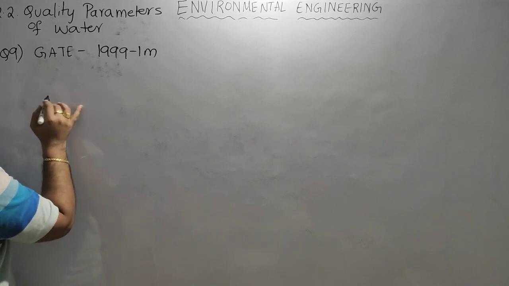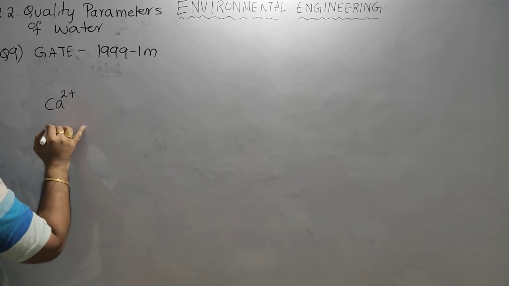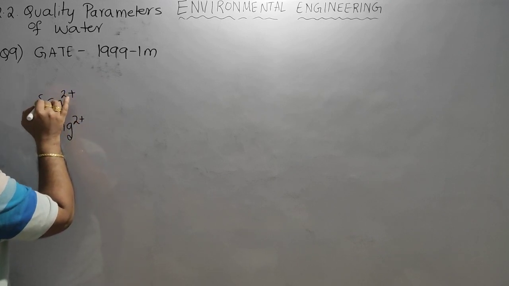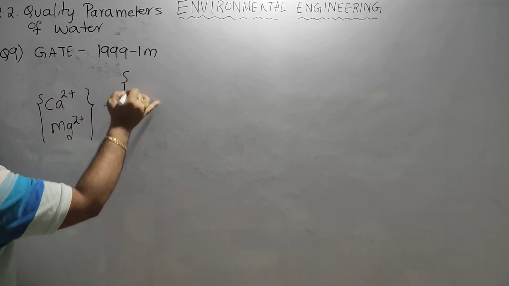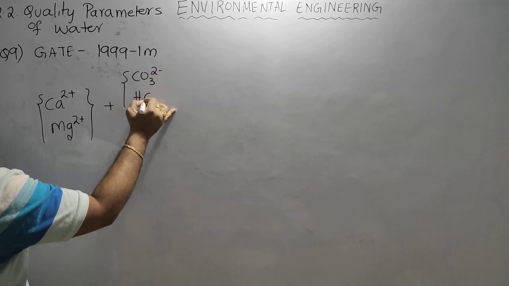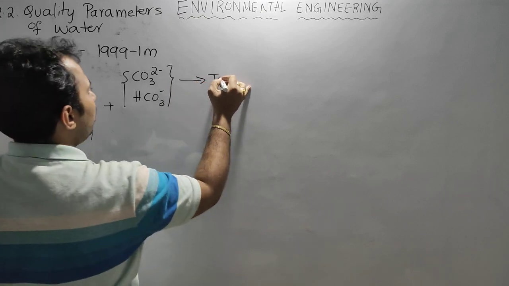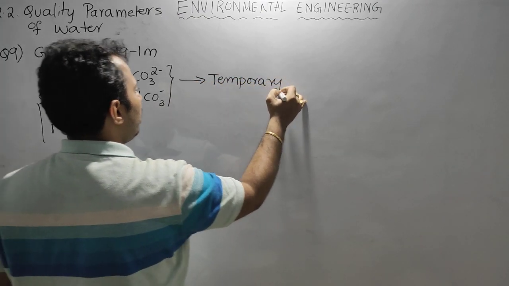See, hardness is caused because of multivalent metallic cations, and majorly the multivalent metallic cations present in water are calcium and magnesium. And when this calcium and magnesium react with carbonate and bicarbonate, it causes temporary hardness. This is called temporary hardness.